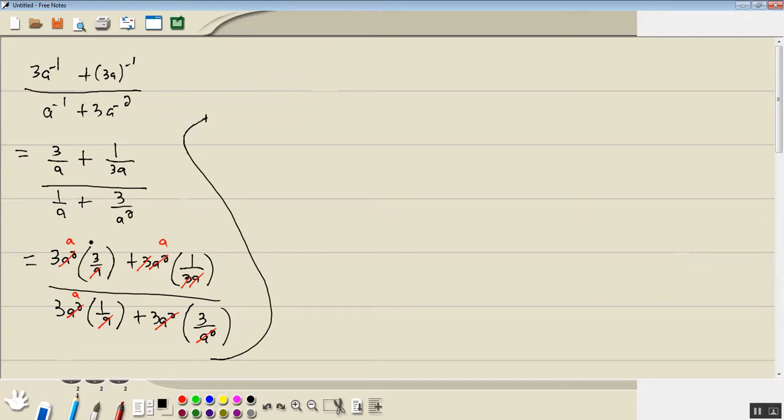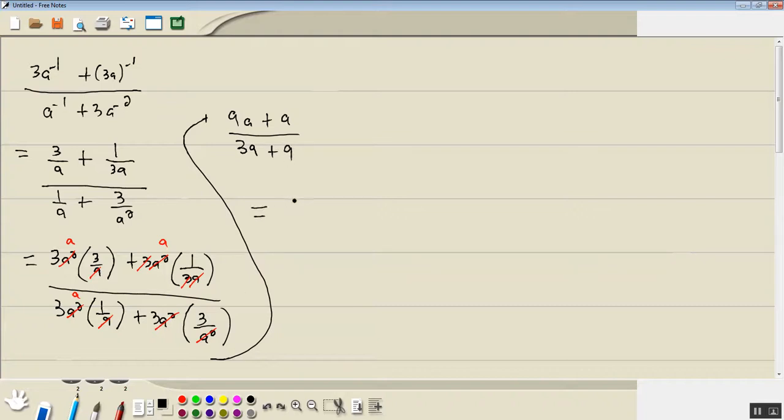So we're left with 3 times 3 is 9a plus a. I think I put a 9 here, I think. My own sloppy writing. 3a times 1 is 3a, and 3 times 3 is 9.